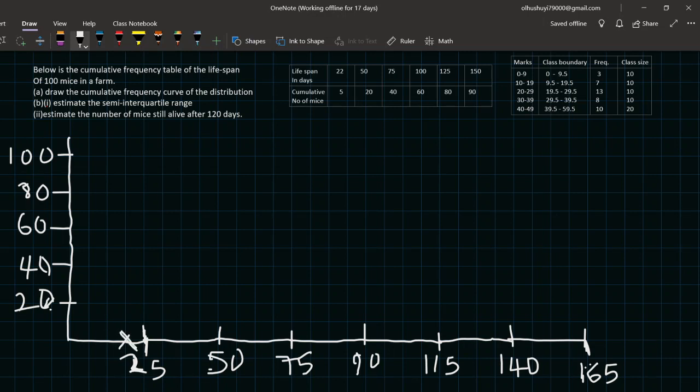Then lifespan here is 50, this is 50. Then we have this to 20, 50 to 20 cumulative frequency. Then 75 to 40. It shouldn't be a double line, just a single line.